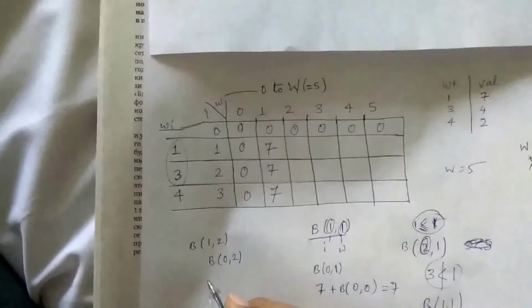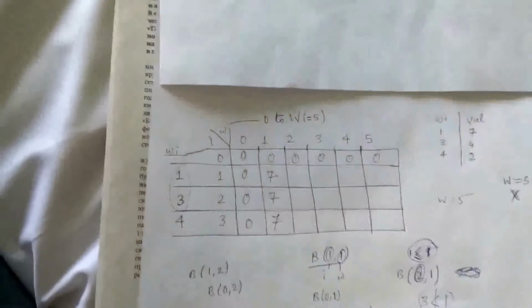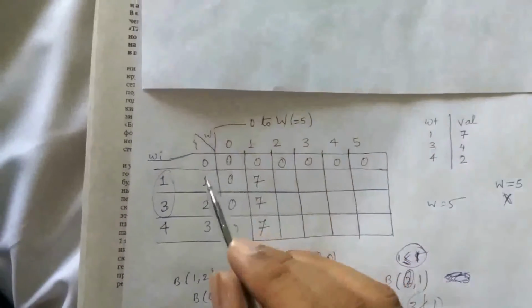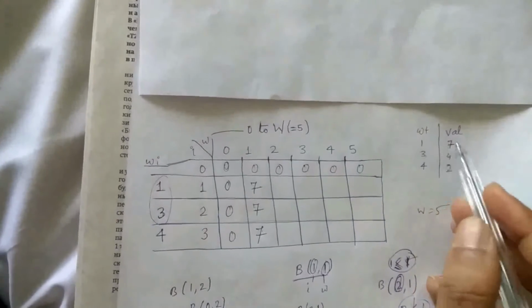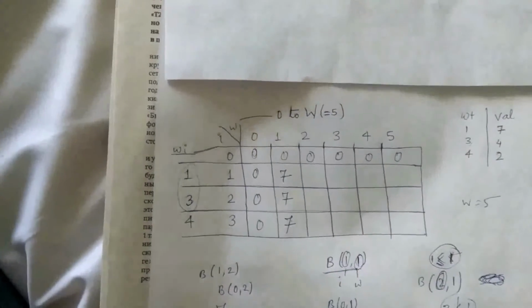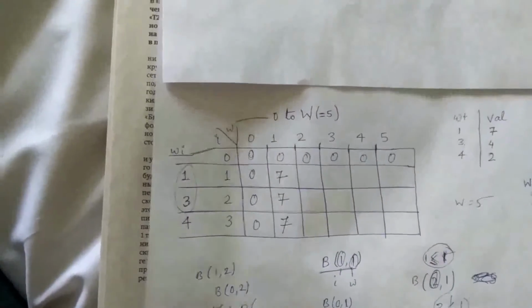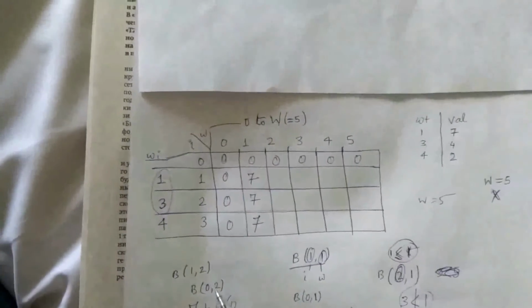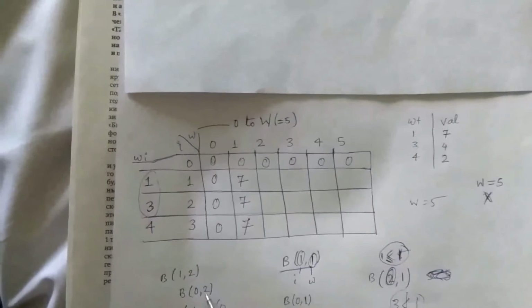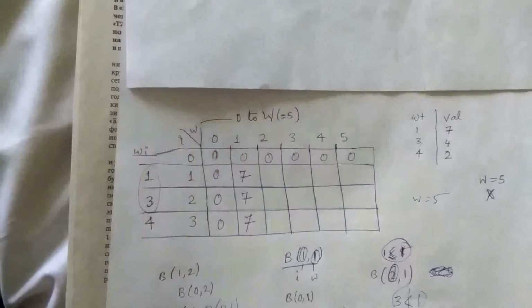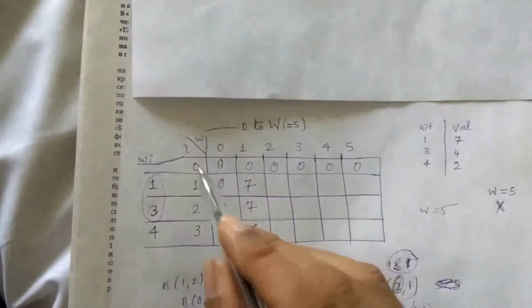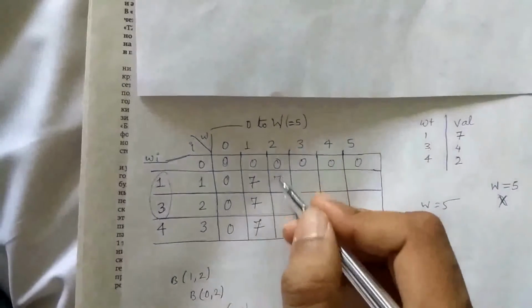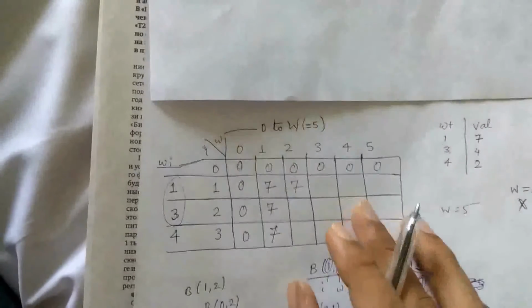Now what is the value of this item? Value is 7 plus B of 0 comma, we are subtracting the weight, right, from this, that is from 1. 7 plus B(0,1), that is 0. So this will be 7 also.